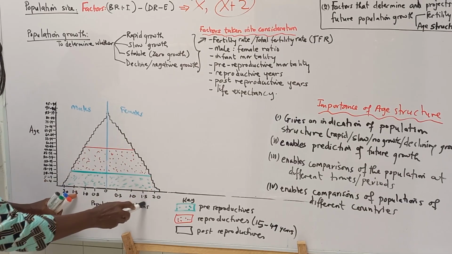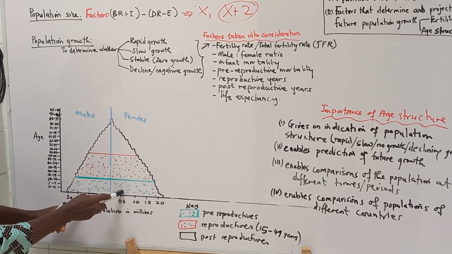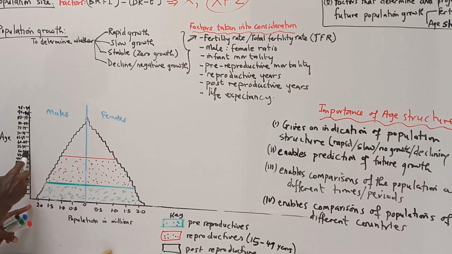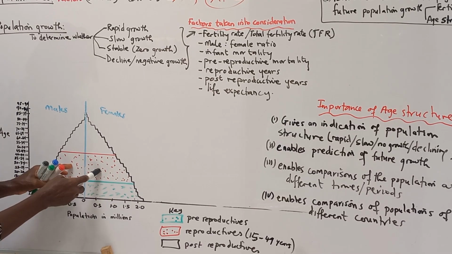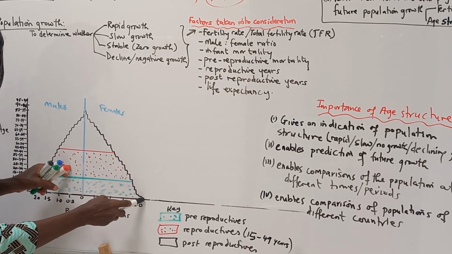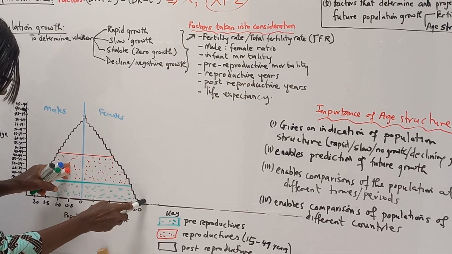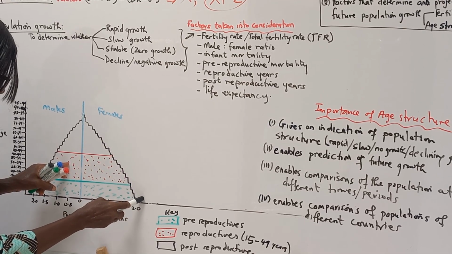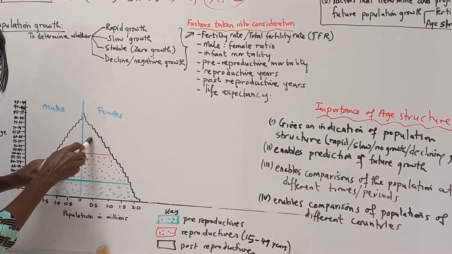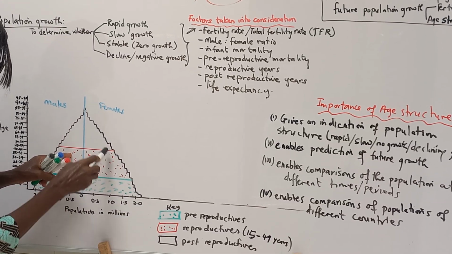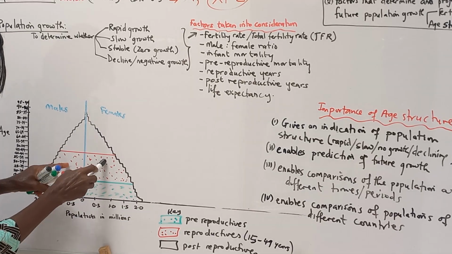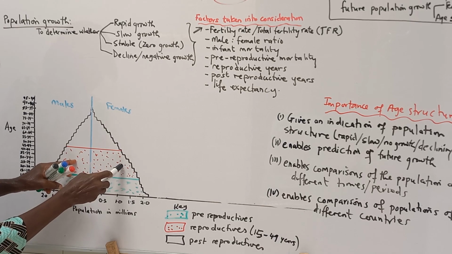With this age structure that we have, the reproductives, that is 15 to 49, are plenty, and these reproductives will be producing babies, and as they produce babies, the population will be increasing, and as they grow, they will fill up to become post-reproductives, and also in that the population will grow because it's a large group of reproductives.